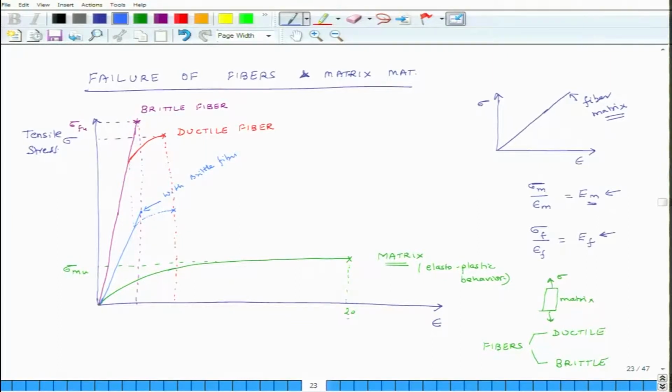So, that entire thing fails catastrophically. So, this is with ductile fibers.